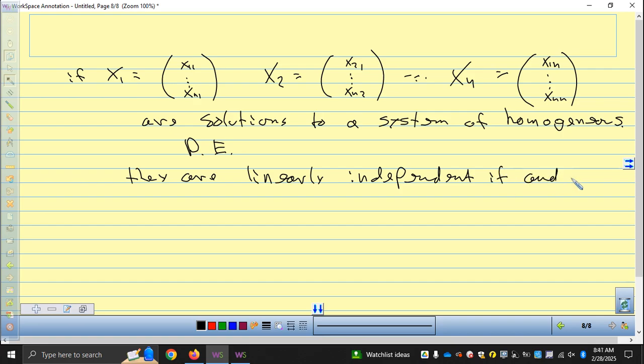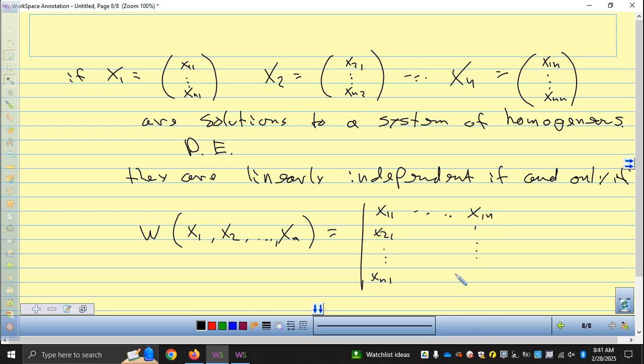if and only if the Wronskian of these things, that is the determinant x11, x21, xn1, up to x1n and down to xnn, does not equal 0 for all t in our interval.